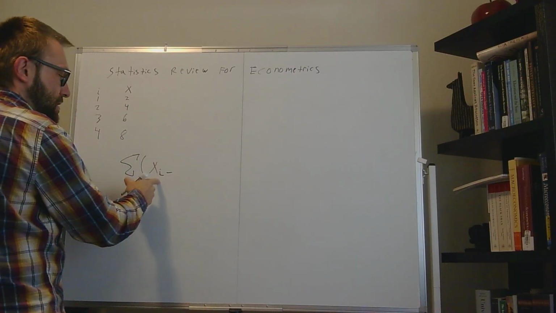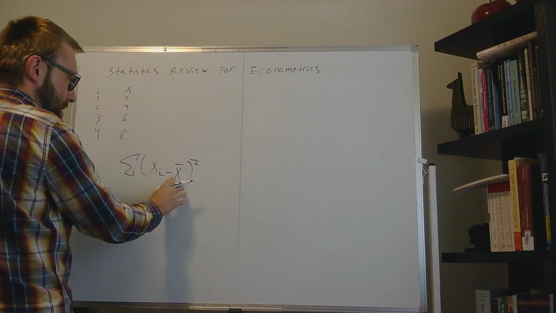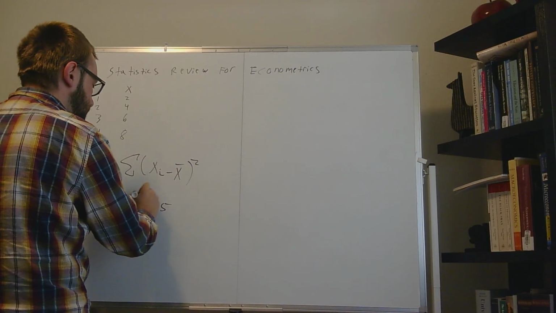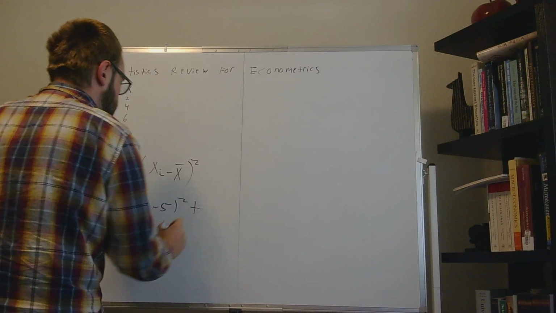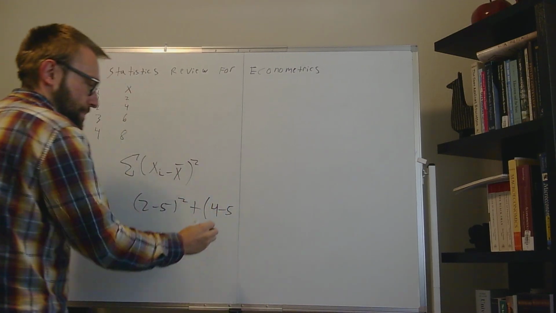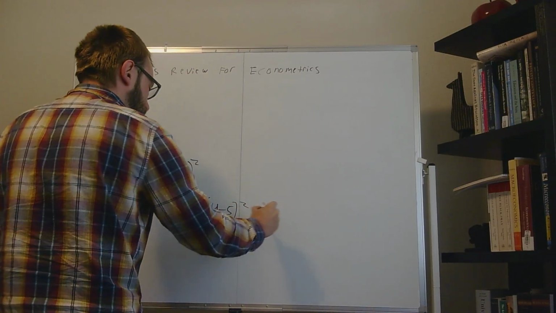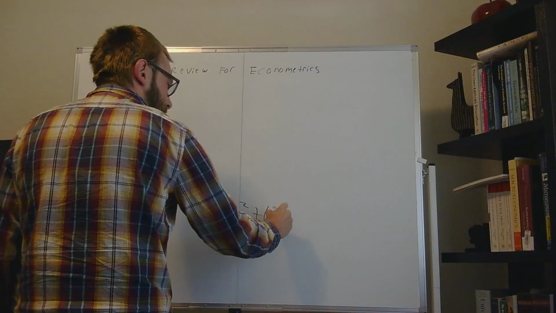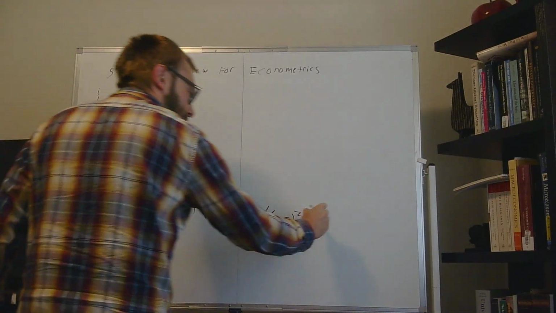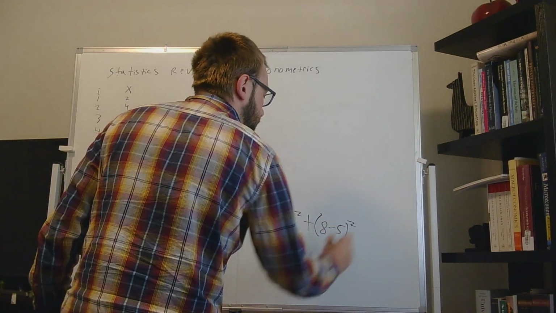Now that we have our sample mean, first things first, we want the summation of the differences of all the x values and their sample mean, and then squaring that. So 2 minus 5 squared plus 4 minus 5 squared plus 6 minus 5 squared plus, and then finally 8 minus 5 squared.